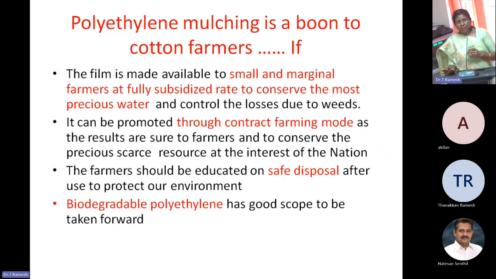Just like groundnut and others, we are using mulch film. That is creating a lot of problems, because removal itself is very problematic, as the thickness is 6 or 7 micron. But the thickness we have recommended does not come under that category. So after the crop period, we can just remove it, and just like selling our old newspaper, we can use it for recycling.